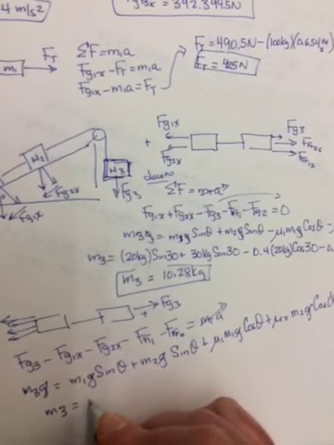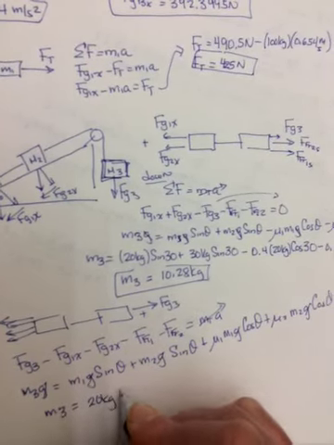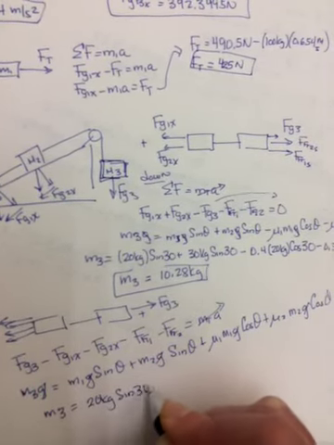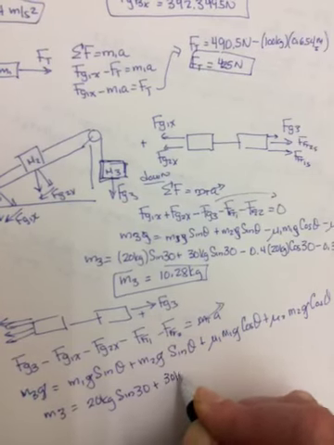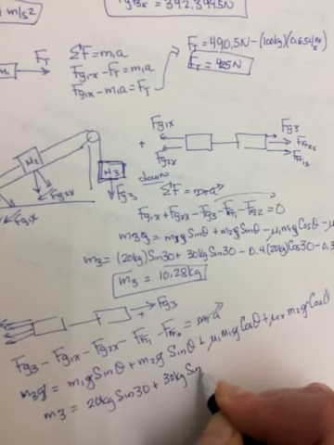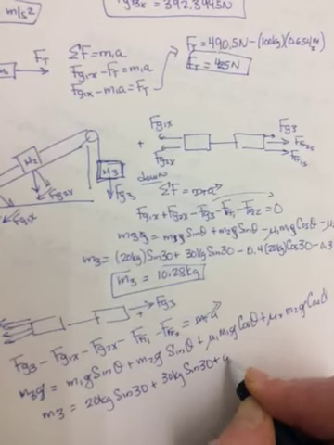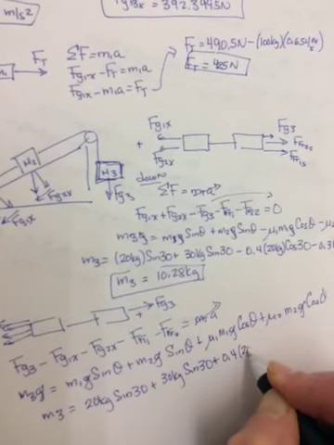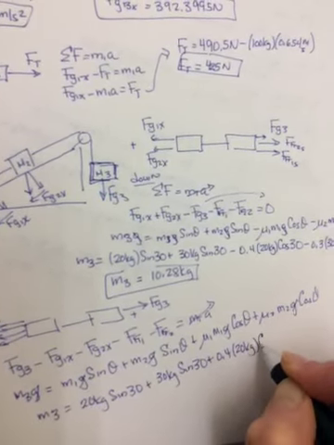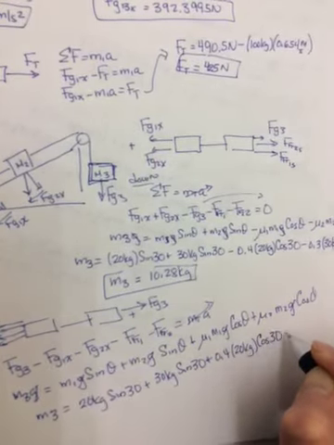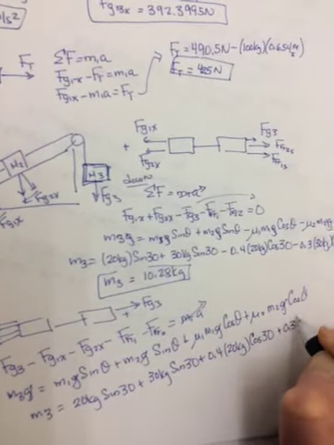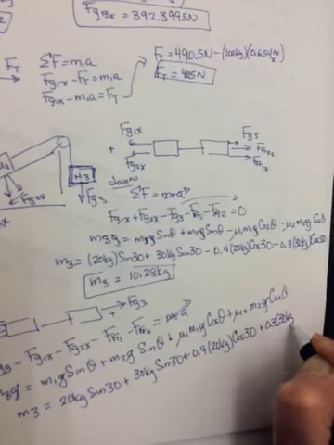So M3 will equal 20 kilograms sine of 30 plus 30 kilograms sine of 30 plus 0.4 times 20 kilograms times the cos of 30 plus 0.3 times 30 kilograms cos of 30.